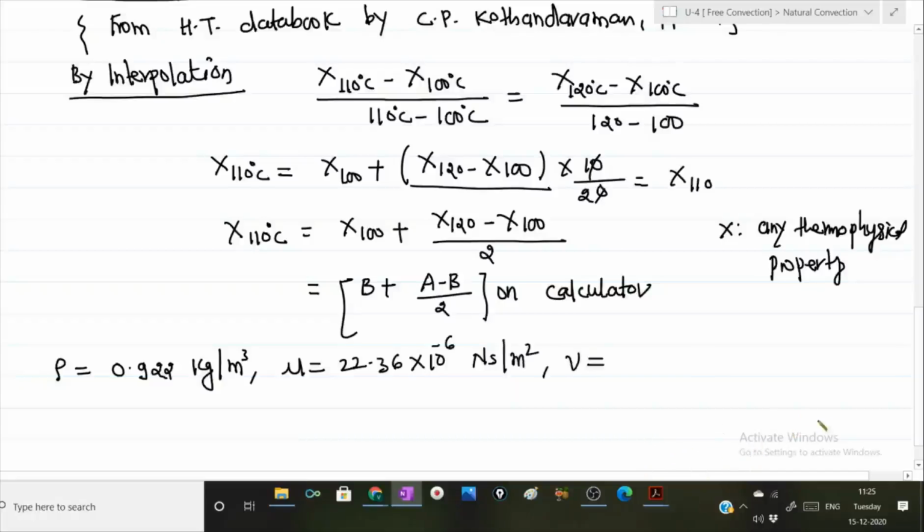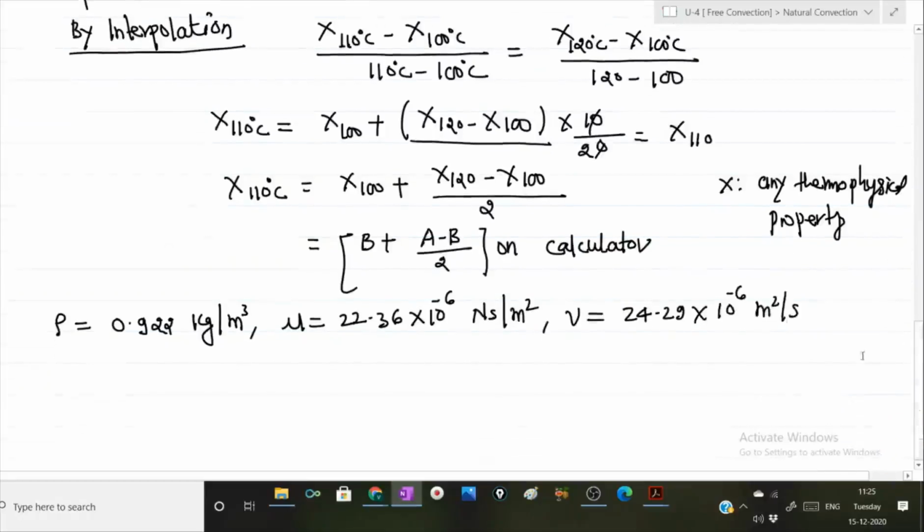Nu, that is kinematic viscosity, is 24.29 into 10 to the power minus 6 meter square per second. Prandtl number value is 0.687.